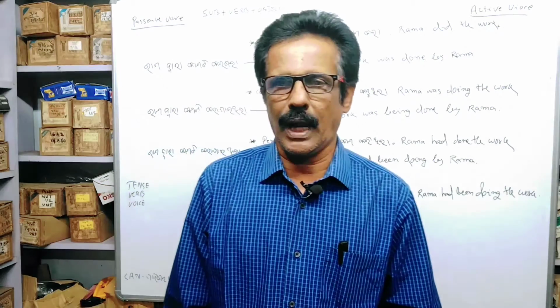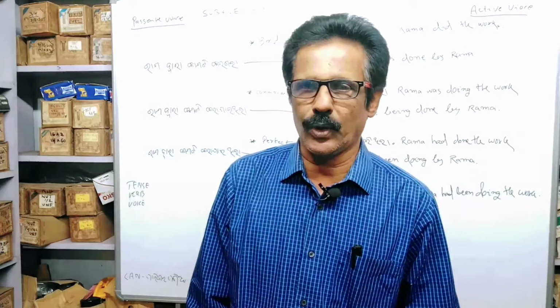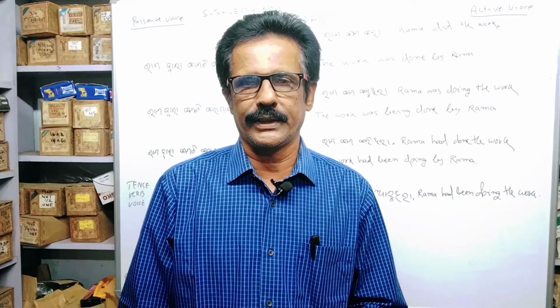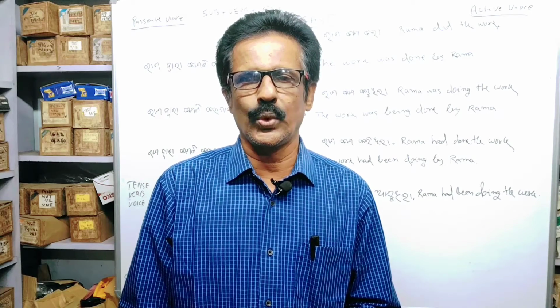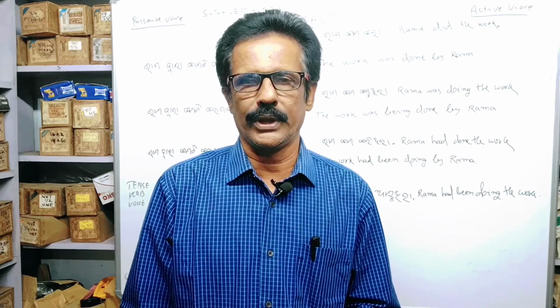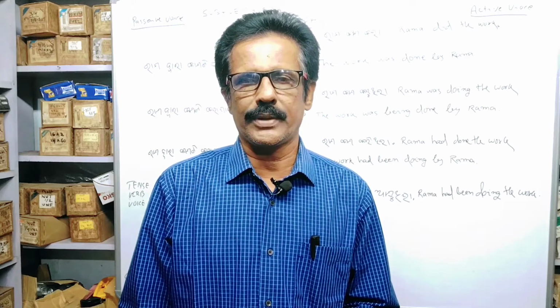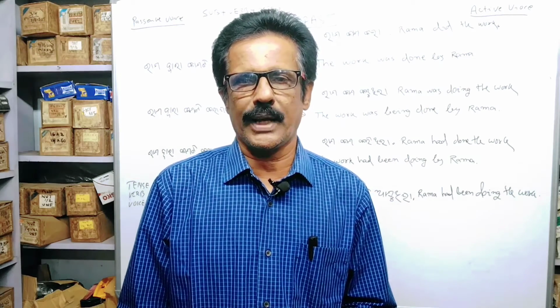Then second is past continuous. Past continuous means Rama was doing the work, and he has finished. In past he was doing, but now he is not doing. Now means present tense. Past means past tense.